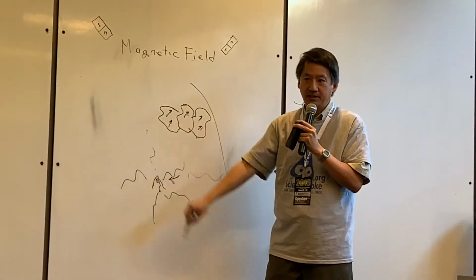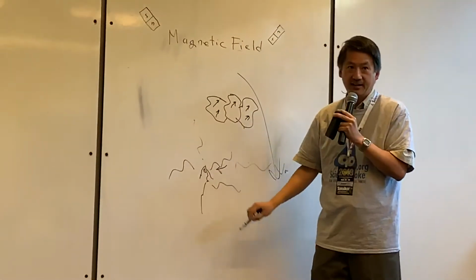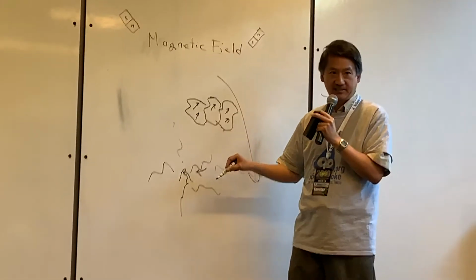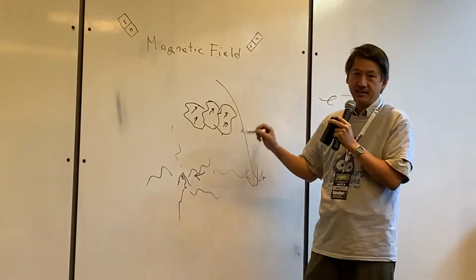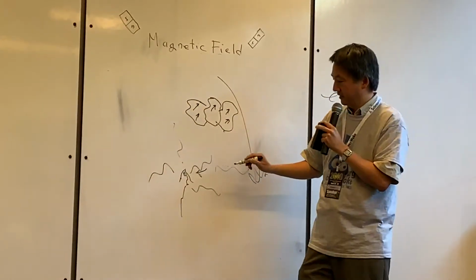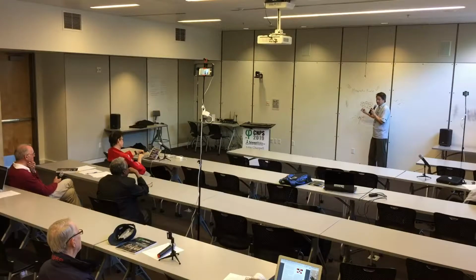Which kind of begs the question of what happens if you take all the energy out of this thing? And we do that in experiments in ultra-cold physics, right? We create these Bose-Einstein condensates where we try and get the particles to be absolutely motionless. And we've never been able to do it.